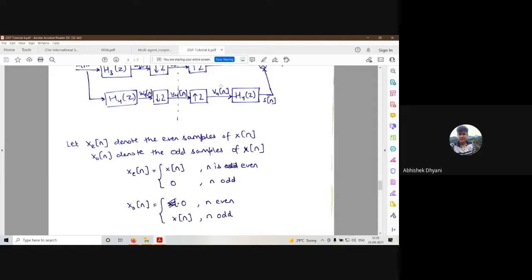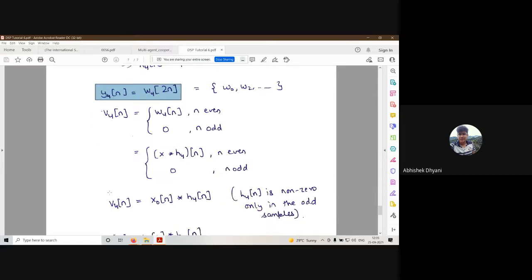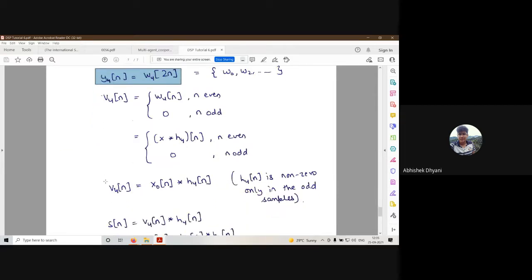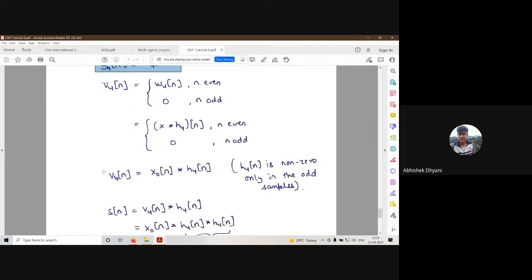Sn is v4n convolution with h4n. So this should actually have been v4n, which is the convolution of this odd part and h4n.